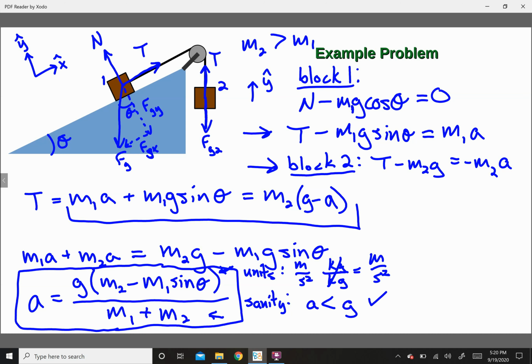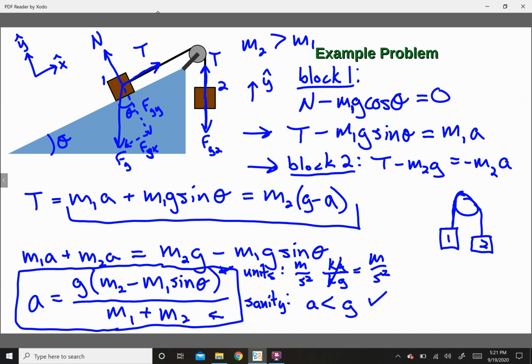But then I also want to look at a special case. So what if theta was 90 degrees? Okay, let's think about that for a second. So I have a pulley, and I have block 2 sitting over here, and then I go over the pulley, and then block 1 is sitting on a ramp that has an angle above the horizontal of 90 degrees. What does that mean? That means block 1 is just hanging here, right?